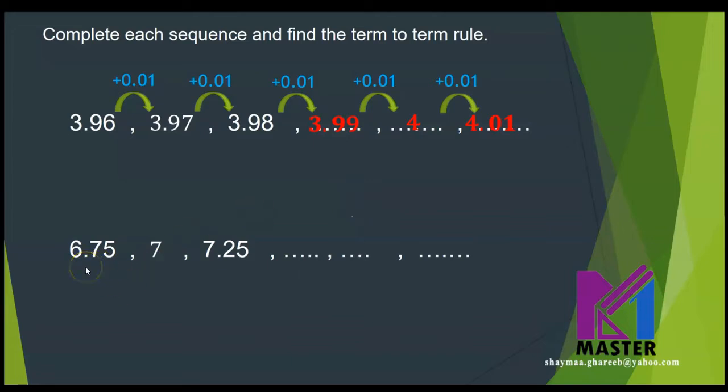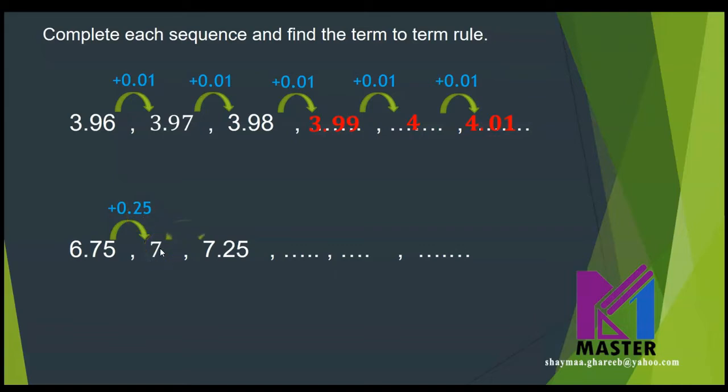Now, let's check the second one. 6.75 became 7. So what's happened in this sequence? We added, of course we added. We added how much? 25 hundredths every time.